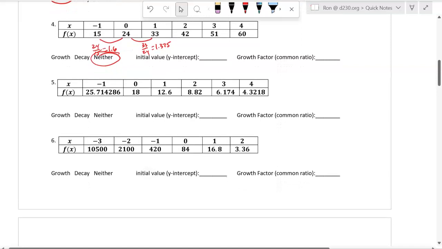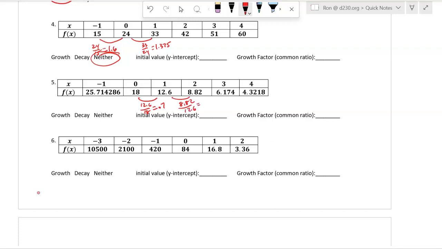Okay, now the next one, what I like to do is use the values that are easiest to determine. So if I take 12.6 and I divide it by 18, I would get 0.7. If I were to take 8.82 divided by 12.6, I would get 0.7.